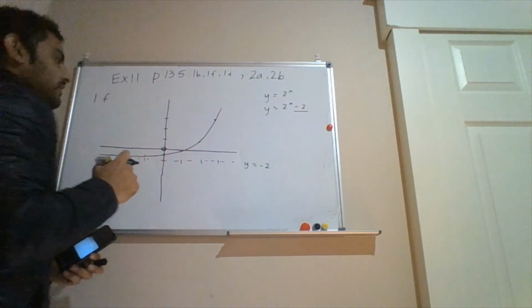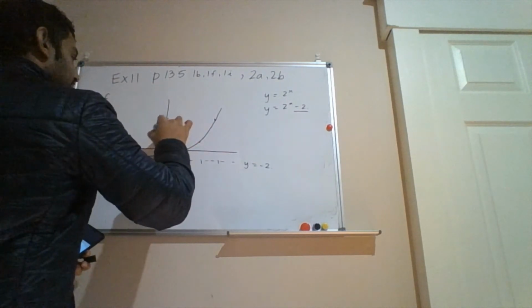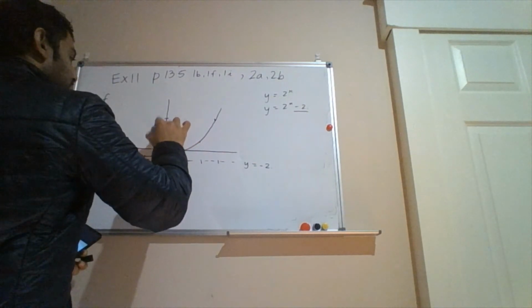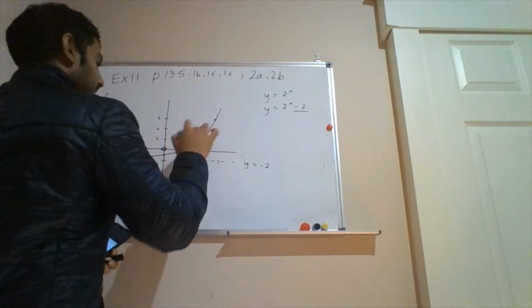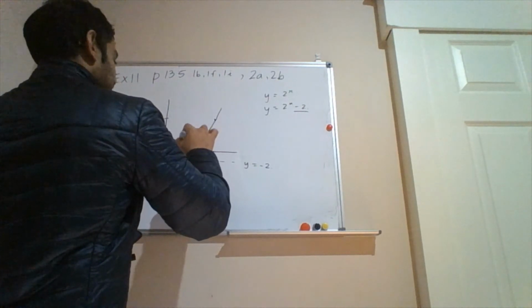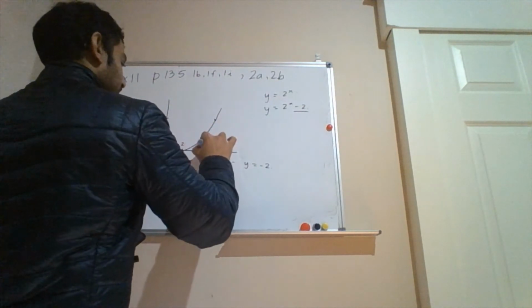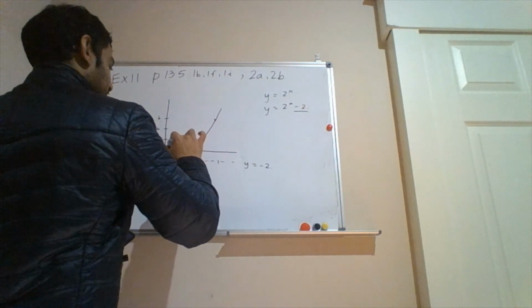Okay, so now that we've plotted, we've got this is -2, and we can now make this point 2, 4, 6. And the x values are going to be the same. So this one is going to be 2. That's 2, yes.